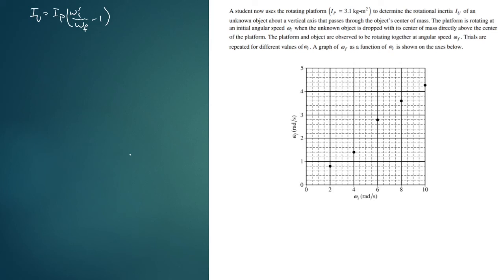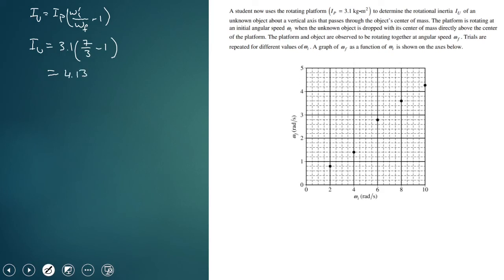And so what we're given is that I_U is equal to 3.1 times, with the line of best fit, you would find a 0.73 that works out very nicely, minus 1. And so this is equal to, putting it into my calculator, 4.13.